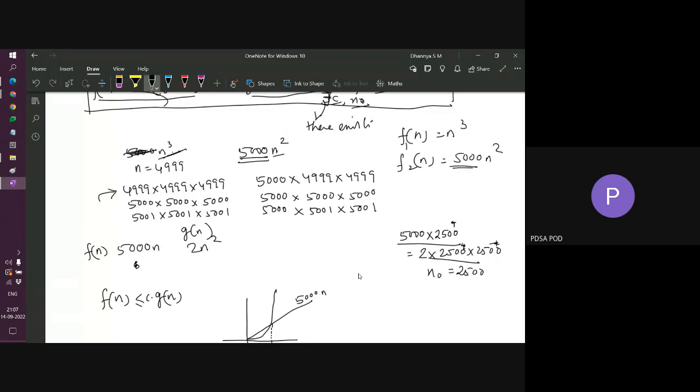Then C is not 5000, right? Yes, C is 1 because 5000 is very much part of the definition of f2 of n. Only once you remove the constants, right? So if you have, say, g of n.